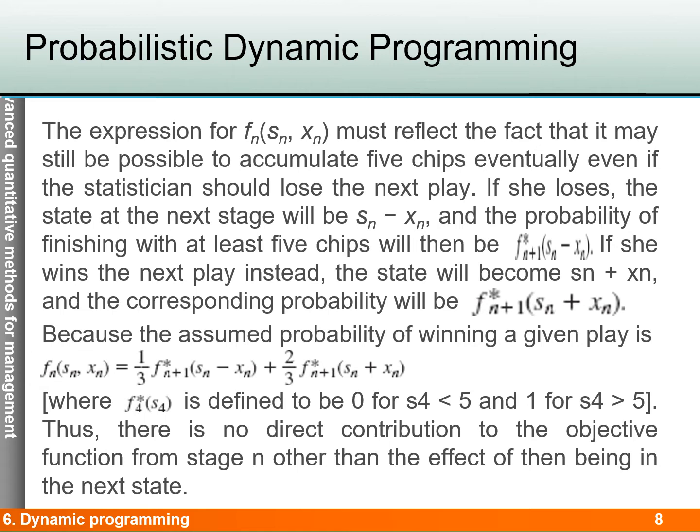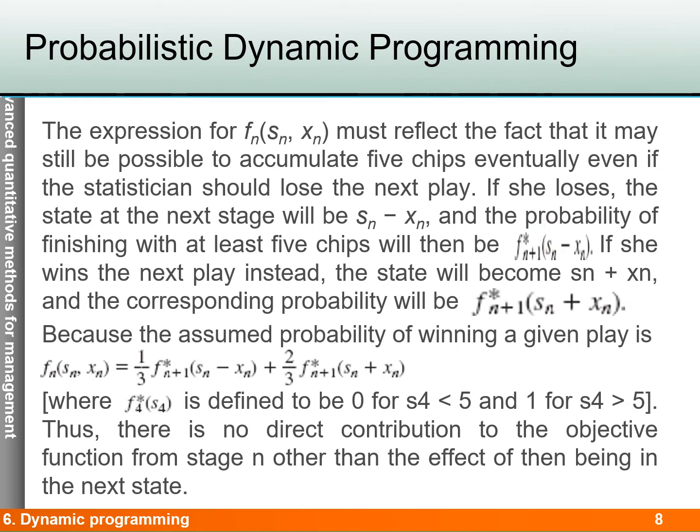So if she loses, the state at the next stage will be Sn minus Xn. That is what we have in stage n, minus the decision that we made at this stage, and the probability of finishing with at least 5 chips will then be fn+1*(Sn minus Xn).